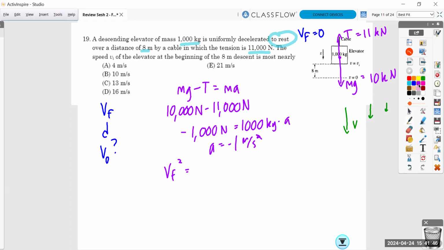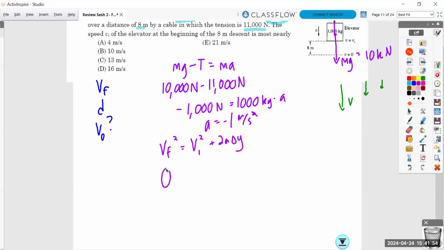So now we can go ahead and do VF squared equals V initial squared plus 2a delta y. It stops. We don't know how fast it's going to start. We do know that a is -1, and we're told that this is 8 meters. 2 times 8 is 16.